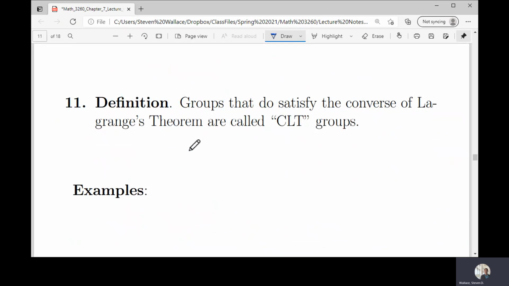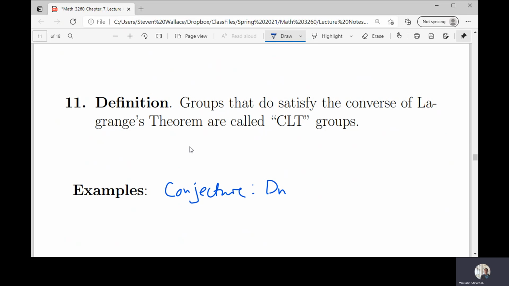Groups that do satisfy Lagrange's theorem, the converse of Lagrange's theorem, are called CLT, and some examples are perhaps DN. No, maybe you need to investigate this.